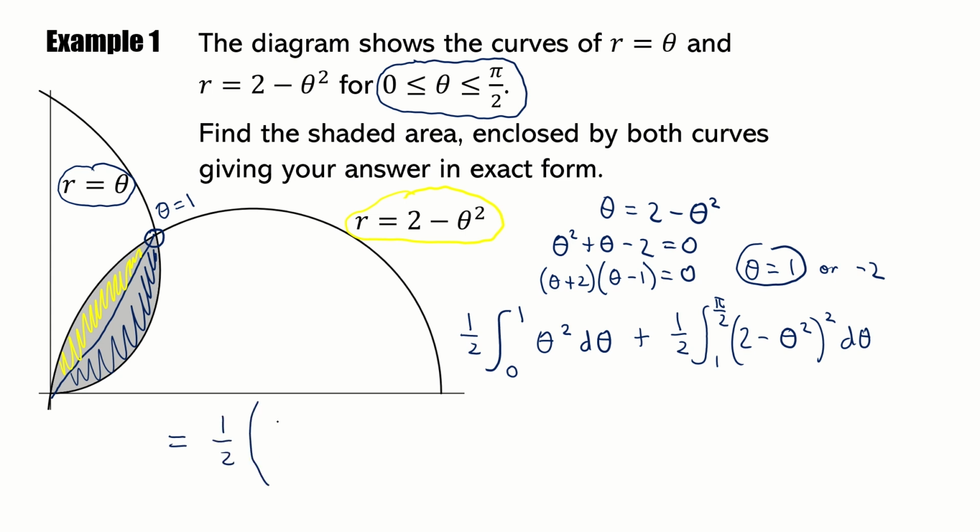So I'm going to take a factor of a half out the front to save me having to write that twice. And then in the second integral, it's just a case of multiplying the brackets to make it easier to do the integration. So therefore, of course, that's going to lead to 2 squared, which is 4, minus 2 times theta squared, which is 4 theta squared, and then plus theta to the power of 4.